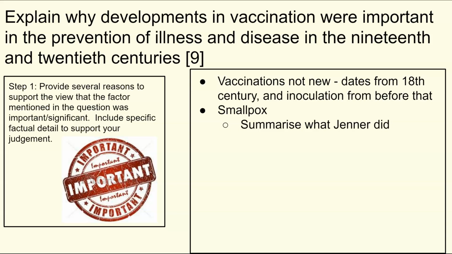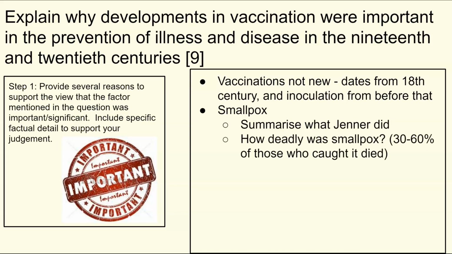And I would talk about how through this evidence he was able to quite concretely feel that by providing people with a form of cowpox, this in fact made them resistant to smallpox, and thus the idea of vaccinations for smallpox began.